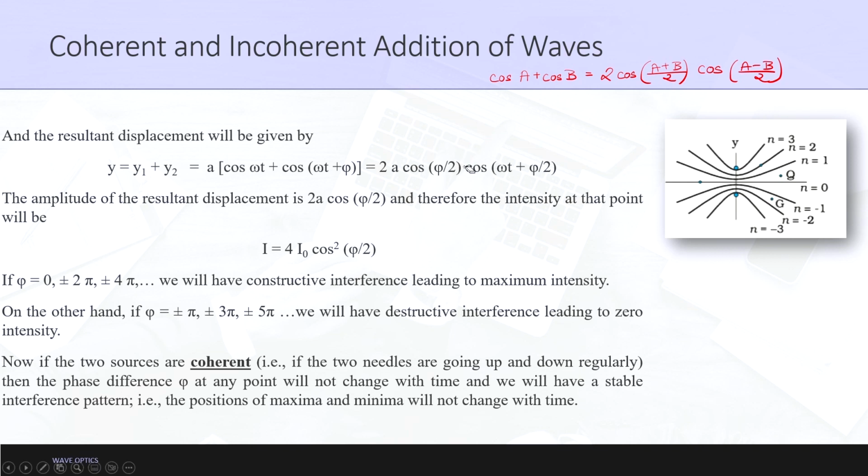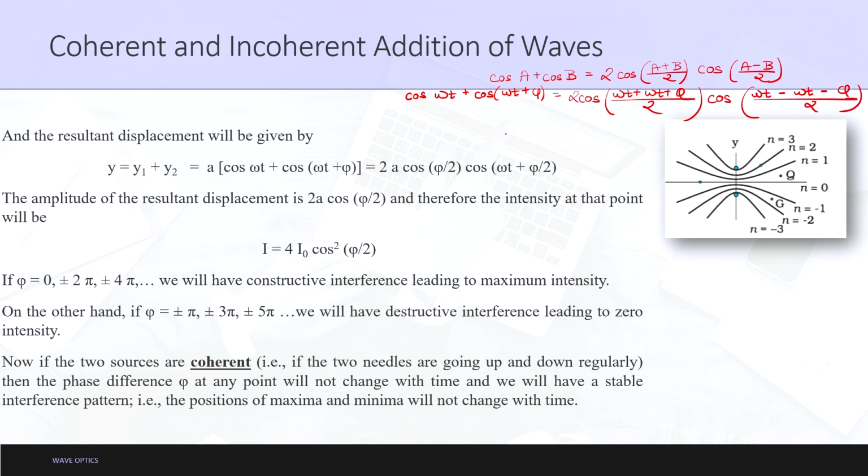Now if I try to explain the same concept here, cos omega t plus cos of omega t plus phi is equal to 2 cos of omega t plus phi by 2 into cos of omega t minus phi by 2.